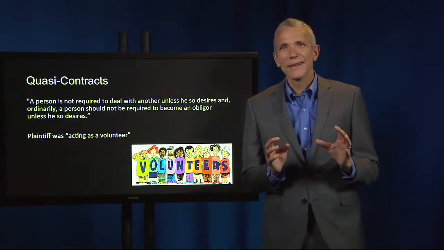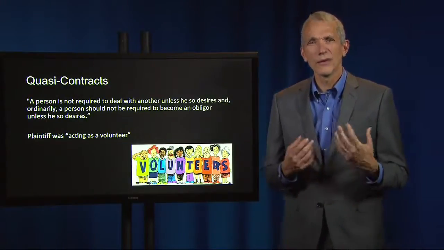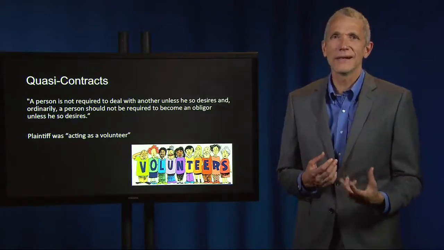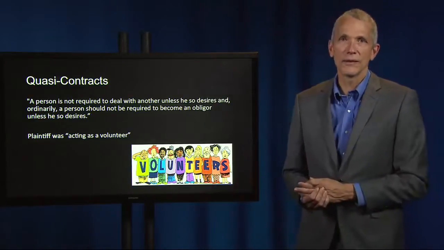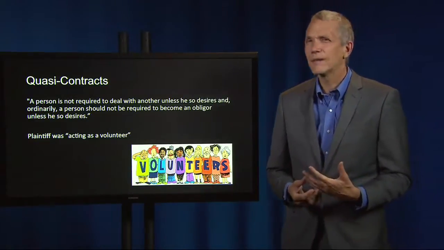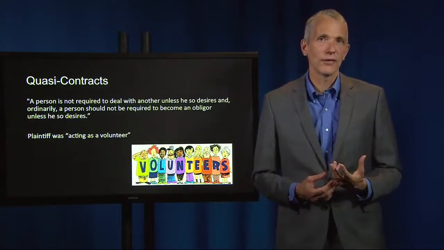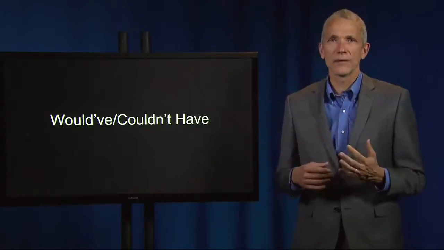The classic example of quasi-contract liability concerns the pedestrian who is hit by a car and is lying unconscious in the street. A passerby provides medical assistance, saves the pedestrian's life, and then sues for quasi-contractual damages. The would've, couldn't've elements are clearly present.